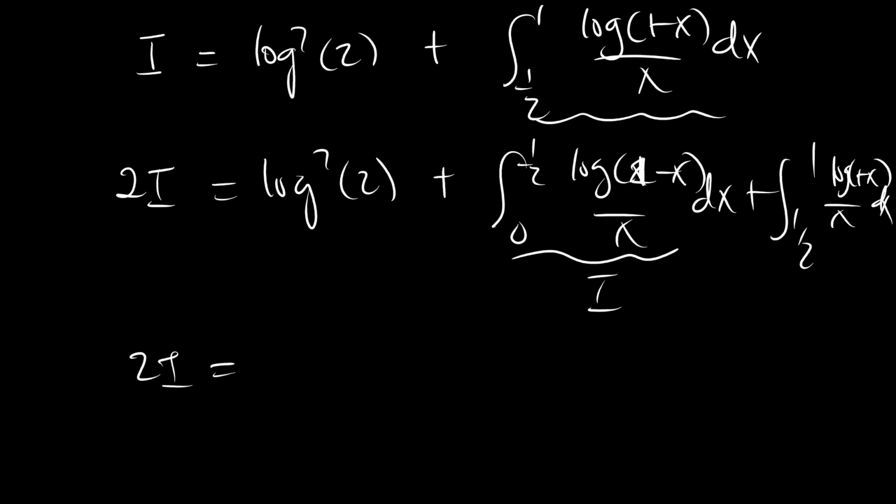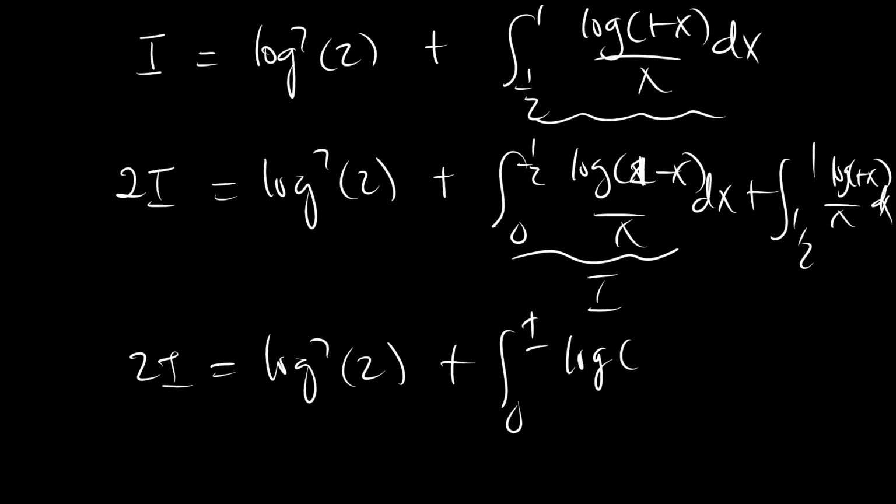So 2I is equal to log squared of 2 plus the integral from 0 to 1 of log of 1 minus x over x. So this is a very good problem to solve now.